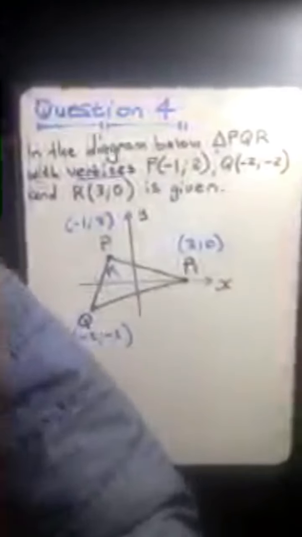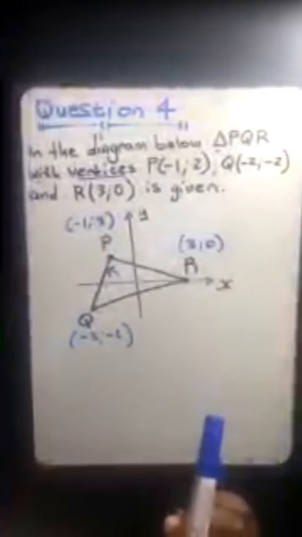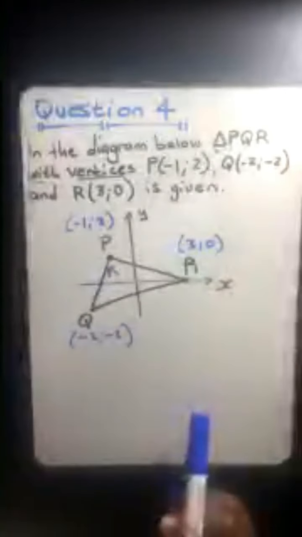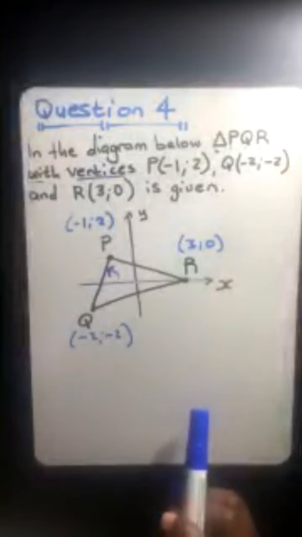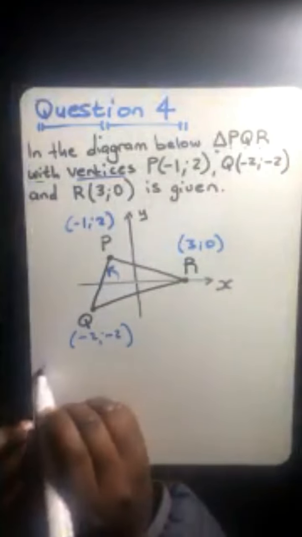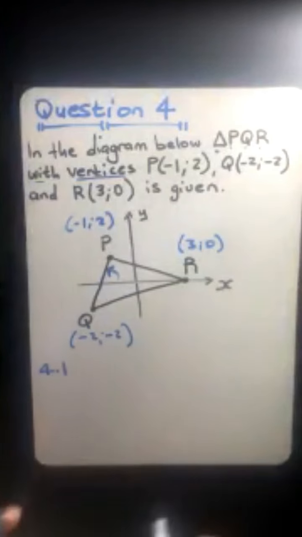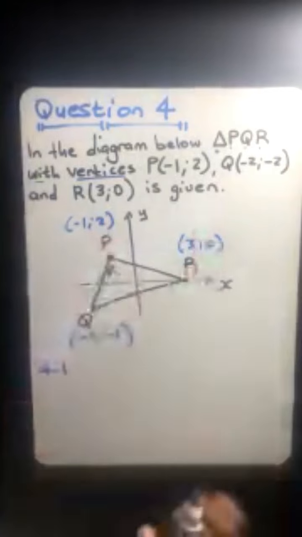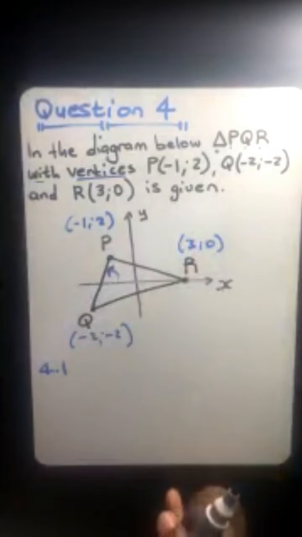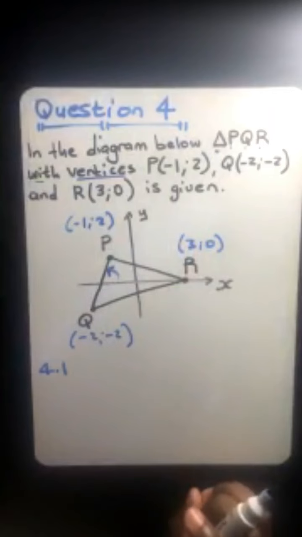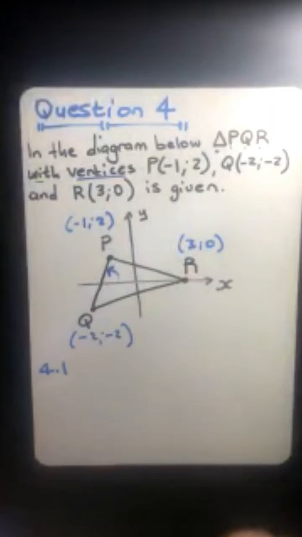So now the question is saying calculate the angle that PQ makes with the positive x-axis. And this question is allocated 3 marks. Remember, guys, when you're dealing with analytical geometry, you need to be aware that we've got some tools that we normally use.